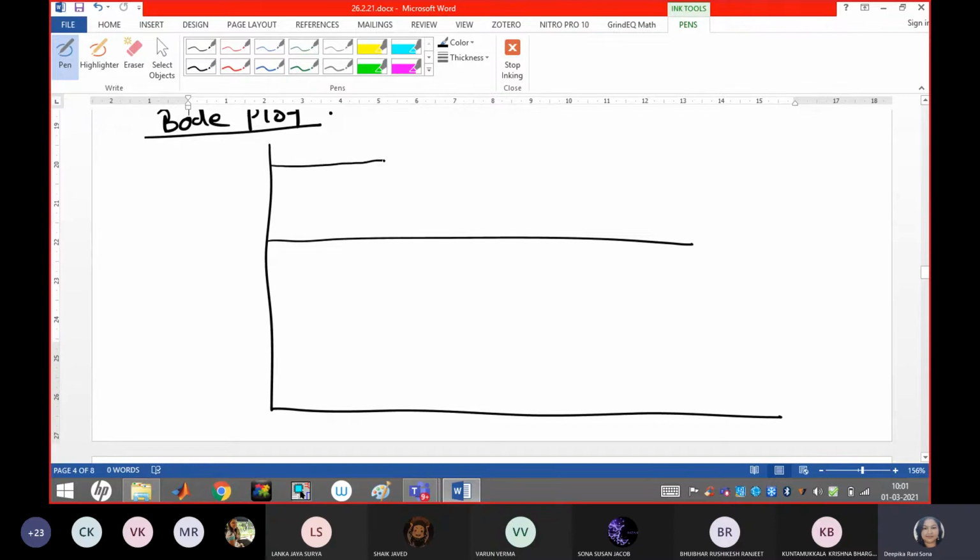Up to some certain range of frequency, the gain will be constant. Here the x-axis is frequency in hertz, and your y-axis represents the gain.